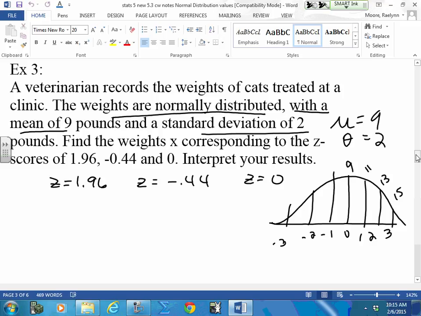We're going to go the opposite way: 7, 5, 3. Nice easy one to add down. Now, we're going to find where this z-score is. 1.96 is right about here. Here's the 1, here's the 2. 1.96 is right about here.